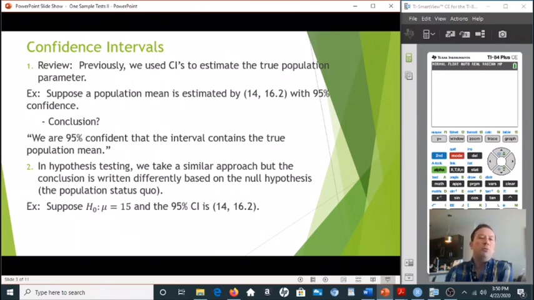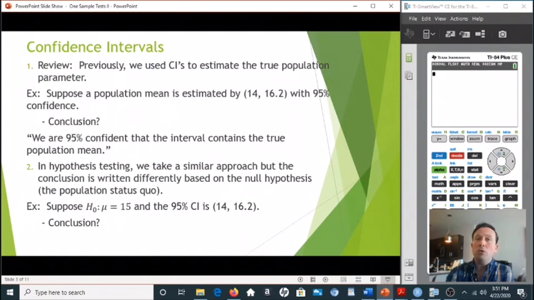So for example, suppose that our null value or our null hypothesis is mu equals 15. So that means the population average is 15. So that's the status quo. That's what is believed to be true. So let's say that the 95% confidence interval that we computed was the same thing here, 14 up to 16.2. Well, this interval captures the 15 because 15 is in between 14 and 16.2.